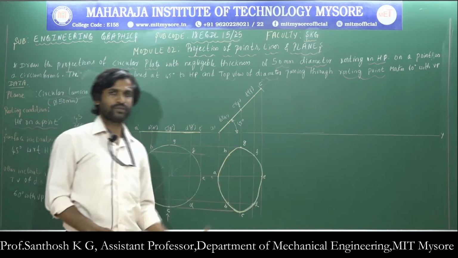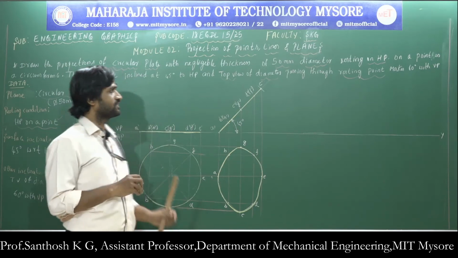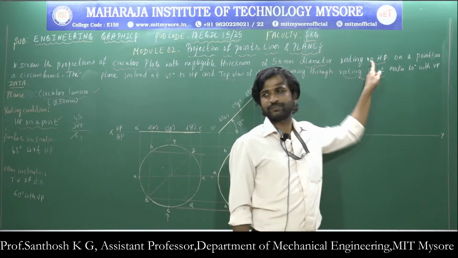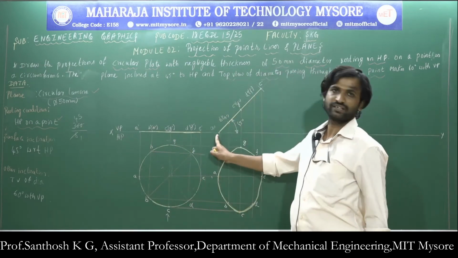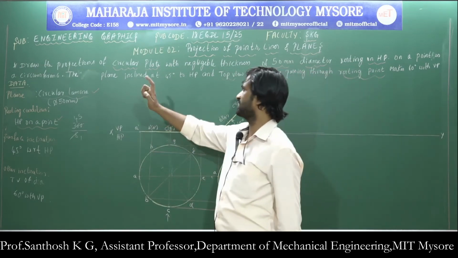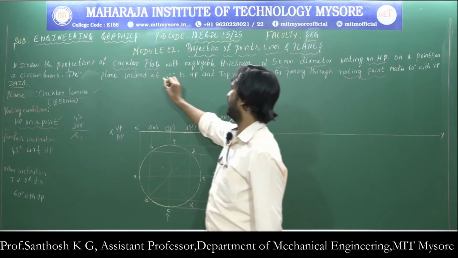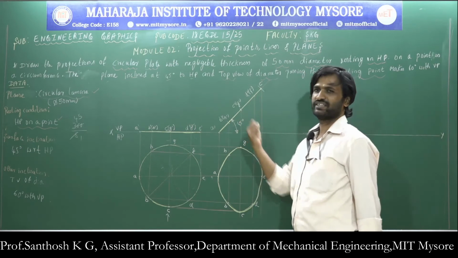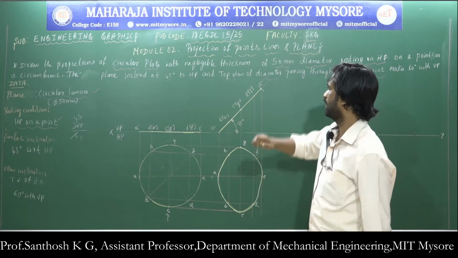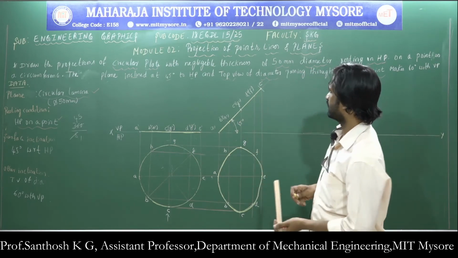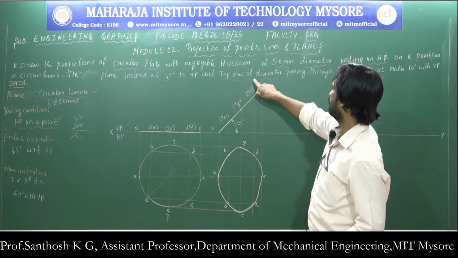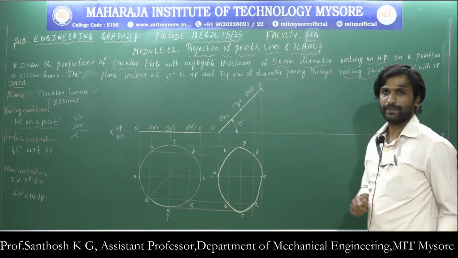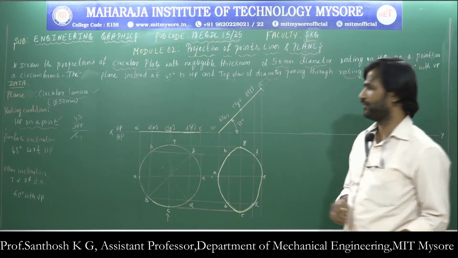So far we have satisfied two conditions: the circular lamina is resting on HP on one of its corners, and the plane is inclined 45 degrees to HP, which can be seen in the front view. Now we should satisfy the condition that the top view of the diameter passing through the resting point makes 60 degrees with VP.